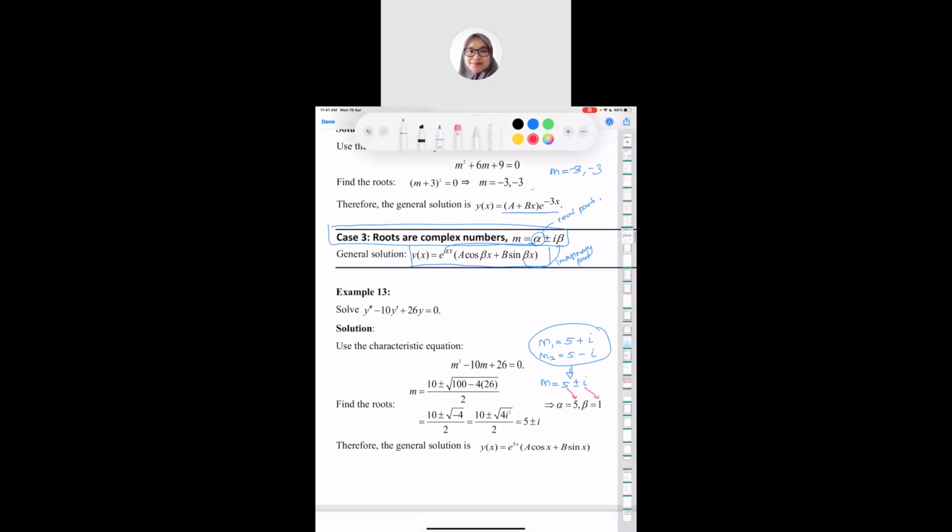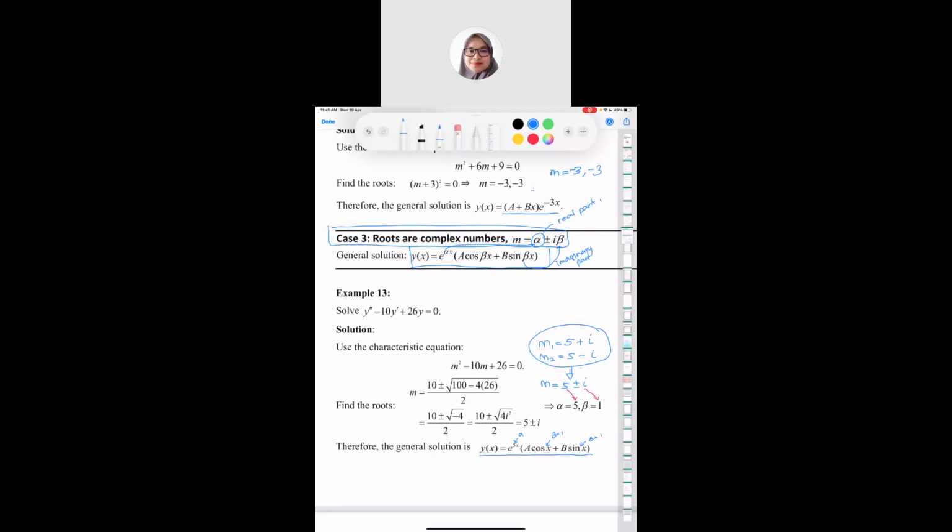So we have y(x) equal to e^(5x), this is alpha, and then A cos beta x, your beta equal to 1, plus B sin beta x. Kita dah selesaikan homogeneous equation for the complex number.